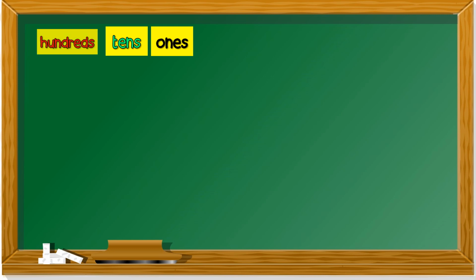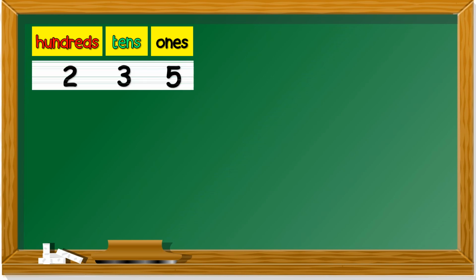The place value that we have learned: ones, tens, and the new one, hundreds. Let's take a look at some example. First one, 235.